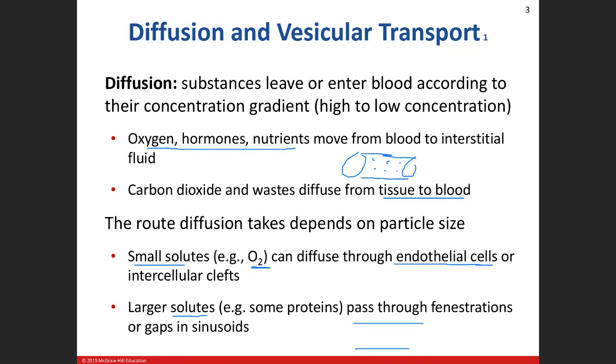Basically, the sinusoid, instead of having tiny holes, has these big, long gashes. Those big holes, those big, long gashes, make it much easier for the larger solutes to pass through. So as long as there are holes, the larger solutes aren't going to have an issue unless they're too big for that hole. So it's the fenestrated capillaries and the sinusoidal capillaries that have those larger spaces or gaps.